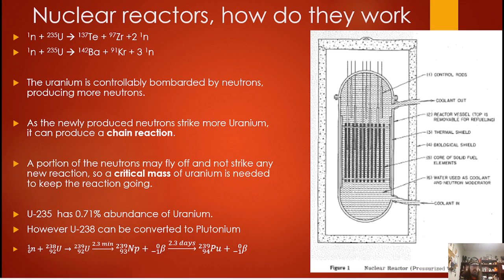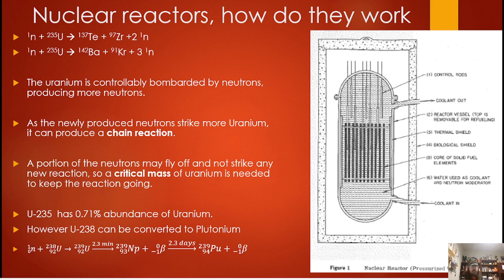Now, uranium-235 is kind of a problem, because uranium-235 is less than 1% abundance of all of the naturally occurring uranium. So to get that and purify that and keep it at a high enough ratio that we can keep these reactions occurring is hard to do. However, through a completely different process, we can bombard the more common uranium-238 with neutrons to form plutonium.